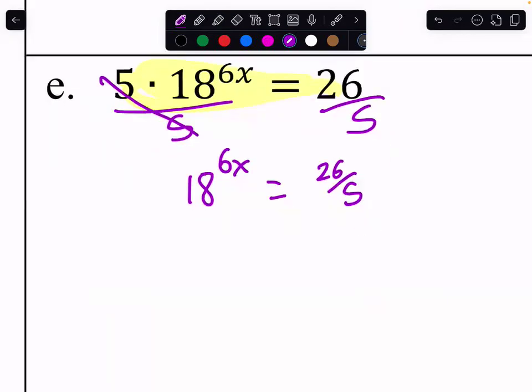Now we want to get rid of this 18 because the variable is trapped in the exponent of it. To cancel out an 18, we do log base 18 of both sides.